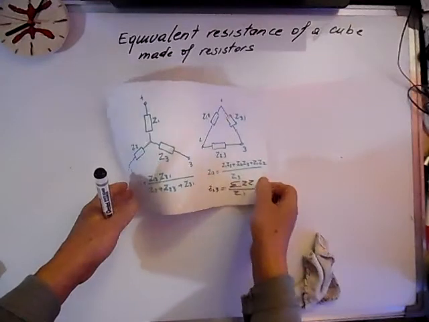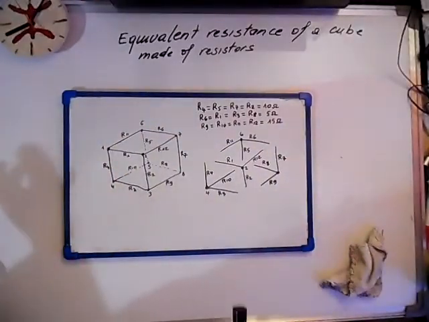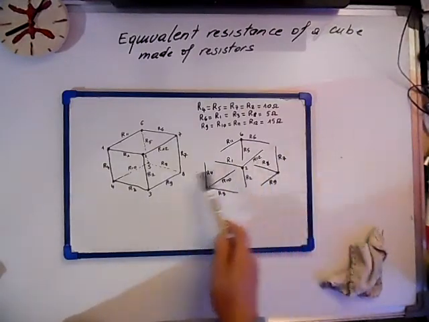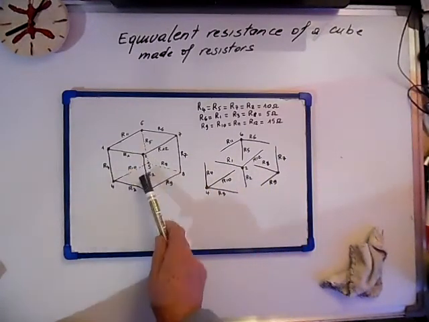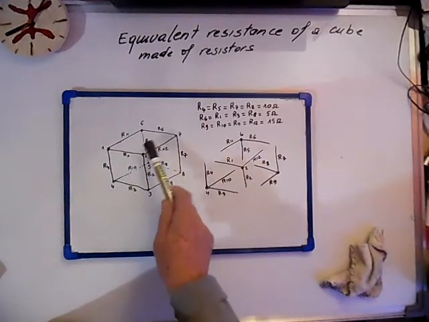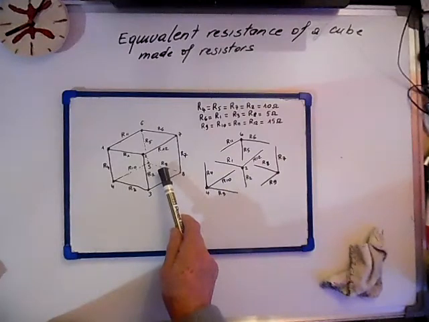Let's start. So we're going from this drawing. We have 4 stars to transform. Suppose that we have R1, R2, R3, R4, R5, R6, R7, R8.